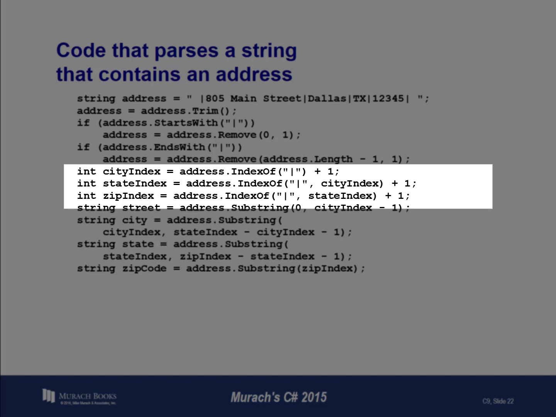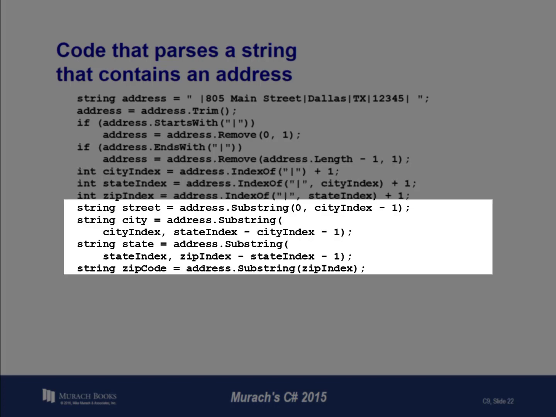The zip index does something similar. It starts where the state index left off and it finds the next vertical line still. Once you've located those specific positions as index values, you can use substrings and some clever math to separate all of this text out into its components. So you'd have a street address, a city, a state, and a zip.